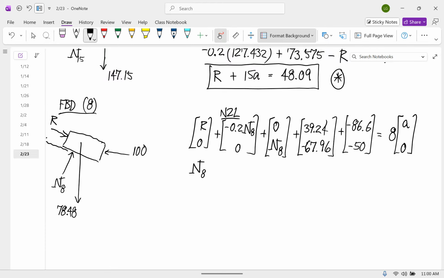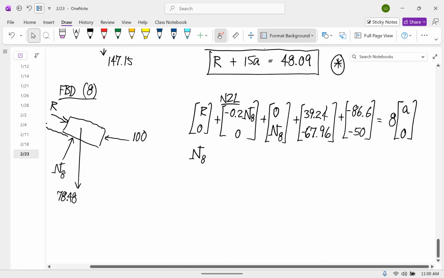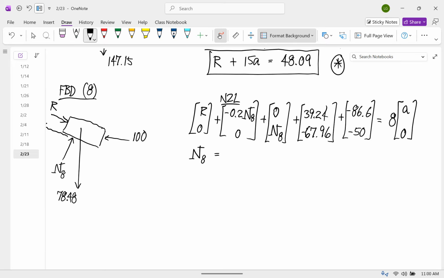The normal force this time is not just equal to the weight component because we have that other force in there. So this is equal to positive 117.96. And then we have R minus 0.2 times 117.96, plus 39.24 minus 86.6 is equal to 8A.